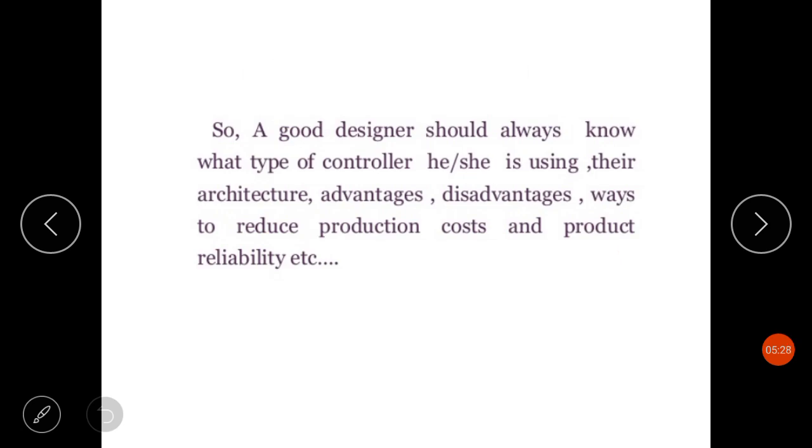So a good designer should always know what type of controller he or she is using, its architecture, advantages, disadvantages, and ways to reduce production cost and improve production reliability. This is why we are going to study the microcontroller, because embedded systems are made up of microcontrollers. The essential component of an embedded system is a microcontroller.